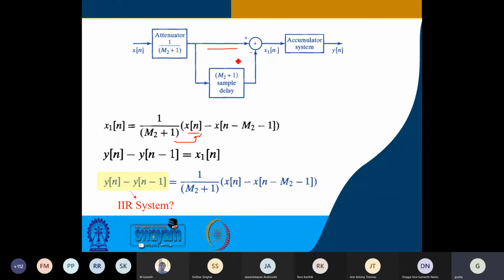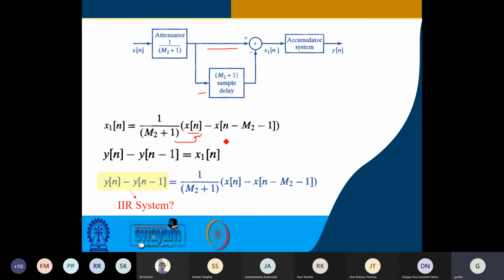Whatever is coming through this path is delayed by M2 plus 1 samples, so whatever is available now will be available after M2 plus 1 time indices over here.